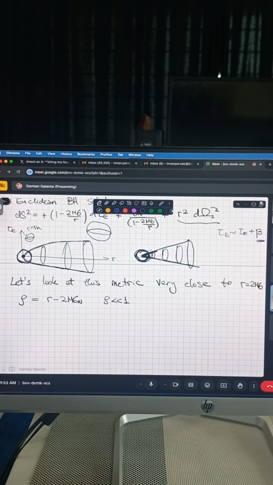Let me just look for the normalization factors so that I don't make a mess here. I think what I want to do is to define this as rho squared.